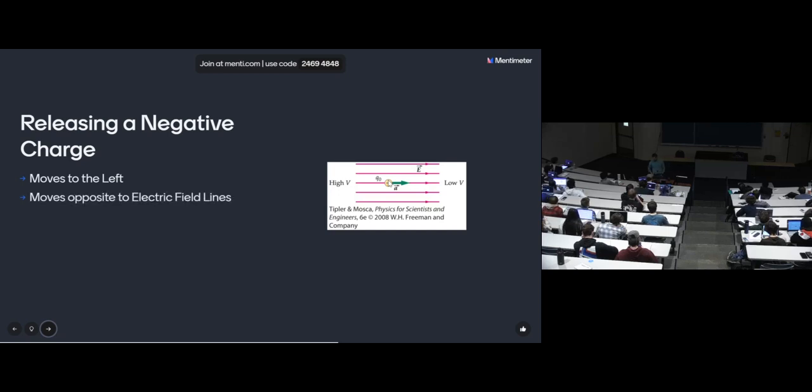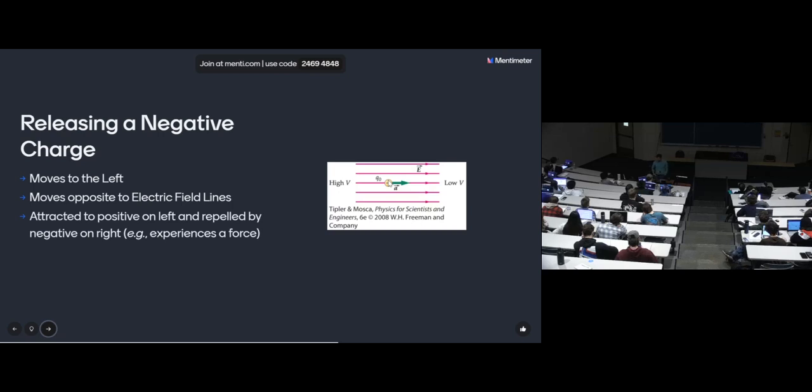And the reason it wants to move to the left is because it follows the electric field lines opposite the direction that they're pointed, or because it's attracted to the positive charge on the left and repelled by the negative charge on the right, or because it's trying to decrease its potential energy, but to decrease its potential energy, it has to increase its electric potential because it's a negative charge. These are 5 equivalent statements.